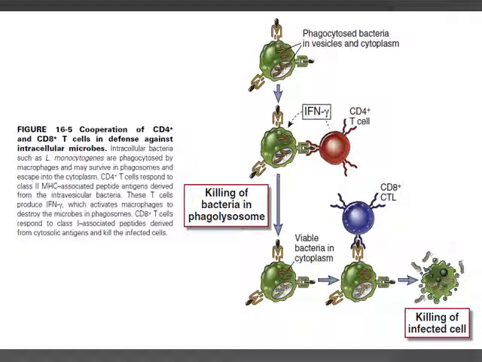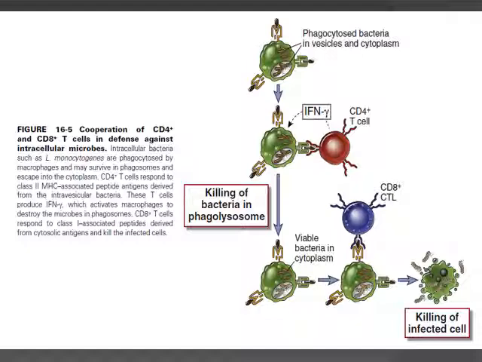While the other option, when the bacteria are found in the cytoplasm, the antigen of this bacteria will be expressed through MHC class I. So CD8 can recognize these molecules and induce the killing of these cells through apoptosis.